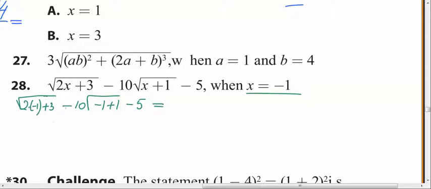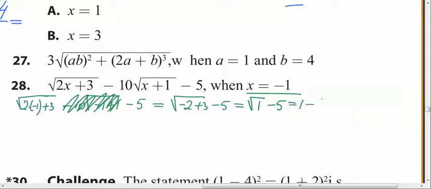Well, first of all, -1 plus 1 gives you a 0, so this whole term here will be 0, disappears, right? I have the other one, square root of -2 plus 3, minus 5. This gives me square root of 1 minus 5, and this will be 1 minus 5, which equals -4, and we're done. Make sense?